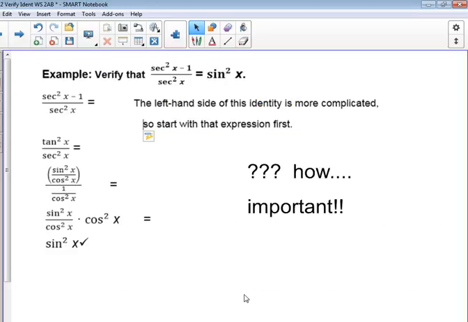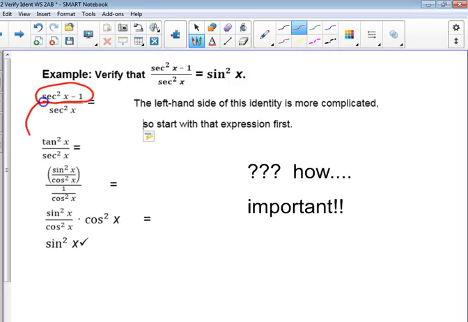All right. This is an example you have done in your notes. It's kind of interesting because they worked it out by changing secant squared minus 1 to tangent squared. Does everybody know where to find that? Because last hour they thought I was just doing magic. Do you know where to find that, guys, on the Pythagorean identities?